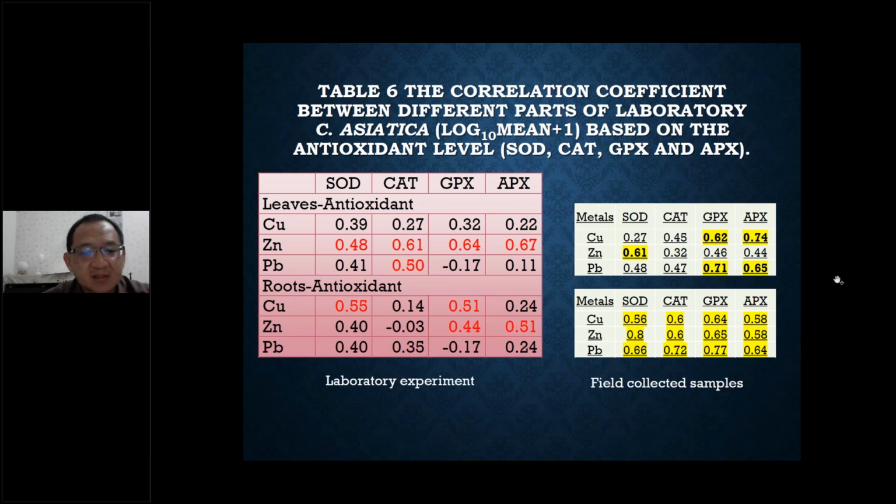However, when you look at the 12 pairwise comparisons in this laboratory experiment, there are 6 pairwise comparisons that show positive correlation of metals, whether zinc or Pb, with the 4 different enzymes in the leaves, and also about 4 pairwise comparisons for the root antioxidants, with at least 3 enzymes.